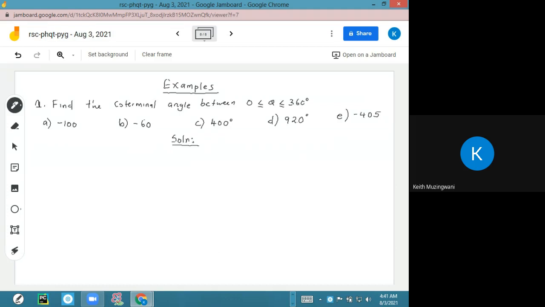Or I can even do the equal. Find coterminal angles that fall in that interval.